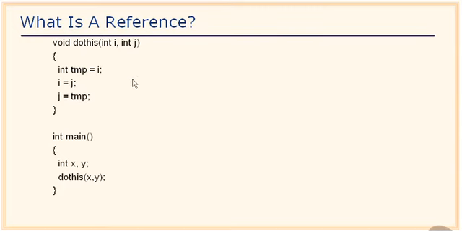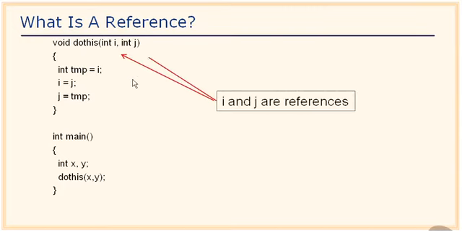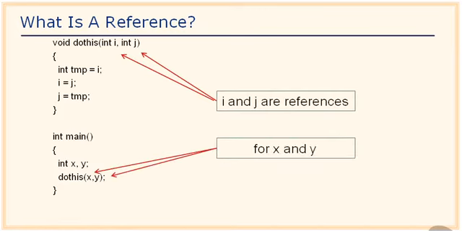But here's the bottom line. i and j are references for x and y, because x and y is what we originally have when we're calling our function called do this. But when they get up here, i becomes a reference for x, and j becomes a reference for y.